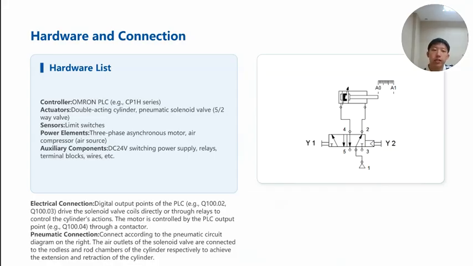First, the pneumatic connection. We correctly connect the solenoid driver to the cylinder according to the pneumatic circuit diagram on the right to achieve the telescopic action of the cylinder.